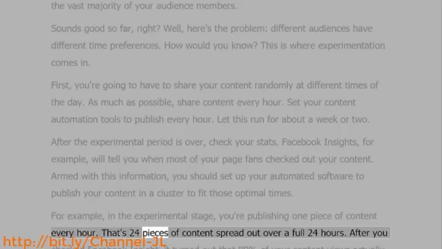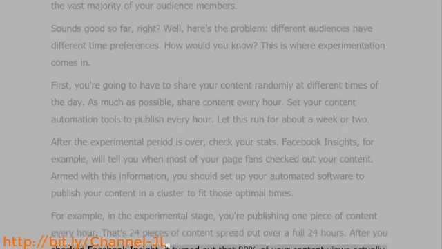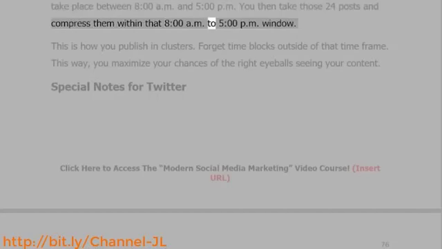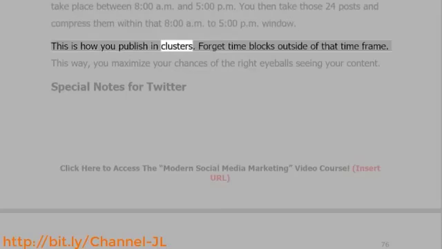That's 24 pieces of content spread out over a full 24 hours. After you checked Facebook Insight, it turned out that 80% of your content views actually take place between 8 a.m. and 5 p.m. You then take those 24 posts and compress them within that 8 a.m. to 5 p.m. window. This is how you publish in clusters.